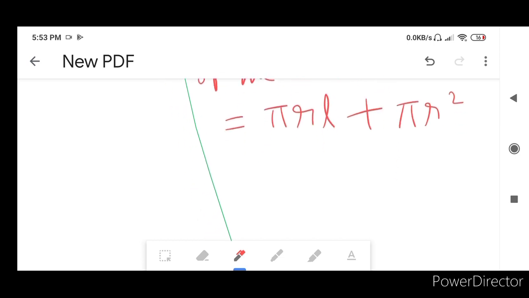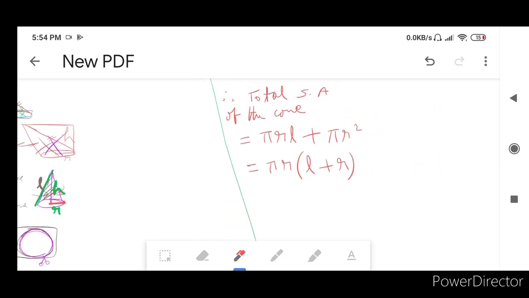So now what we can do is take common pi r from both terms, right? So that is pi r (l plus r). Okay, so what is the formula for total surface area of the cone?